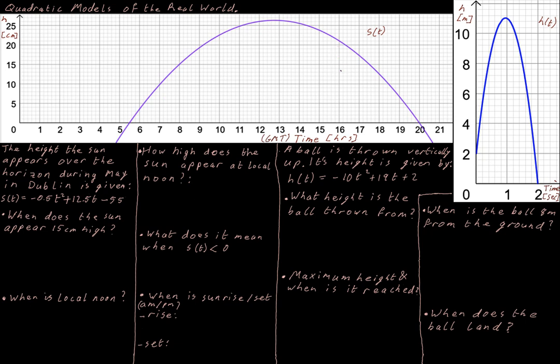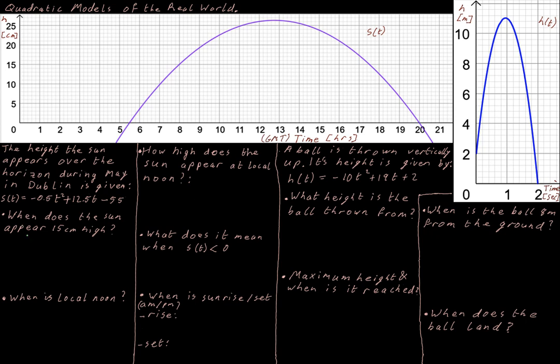So it's not that it's moving east to west in this picture. This is the height of the sun as the time goes by, or the apparent height of the sun, I should say. The graph is given by our function for s of t, which is a fairly messy looking quadratic, but we'd be able to put it into our calculator. So let's get into our questions.